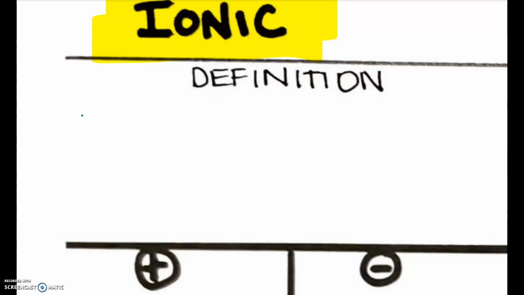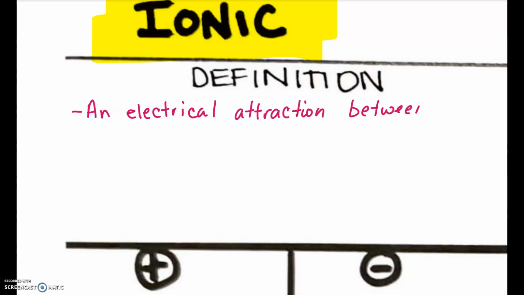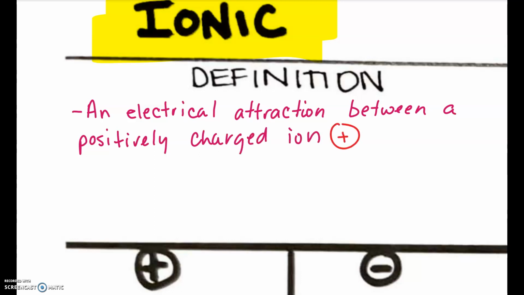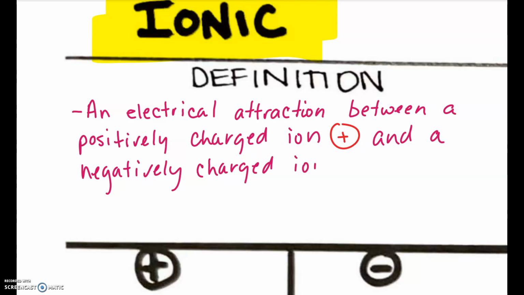Okay, so an ionic bond is an electrical attraction between a positively charged ion and a negatively charged ion.